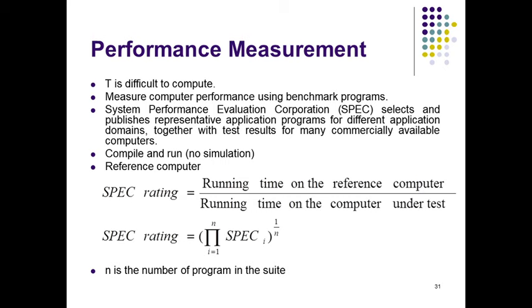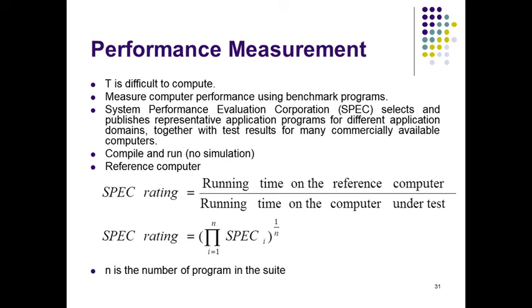Because of these reasons, the computer community adopted the idea of measuring computer performance using benchmark programs. To make the comparison possible, standardized programs must be used. The performance measure is the time it takes a computer to execute a given benchmark.